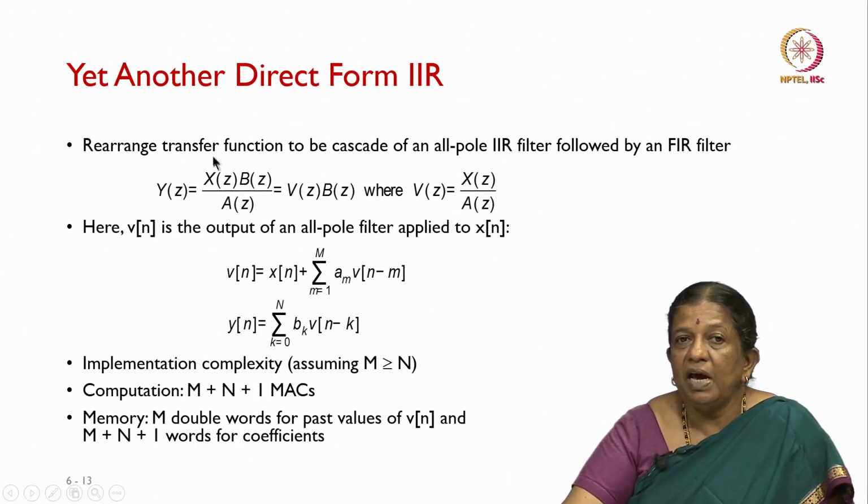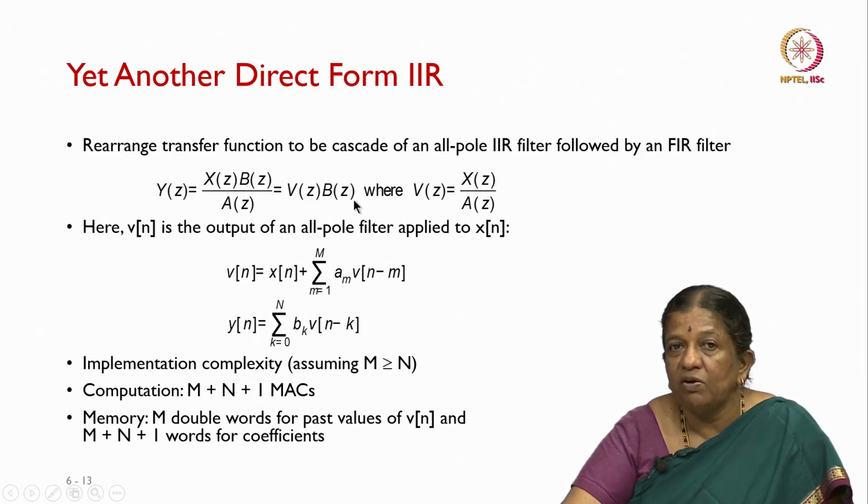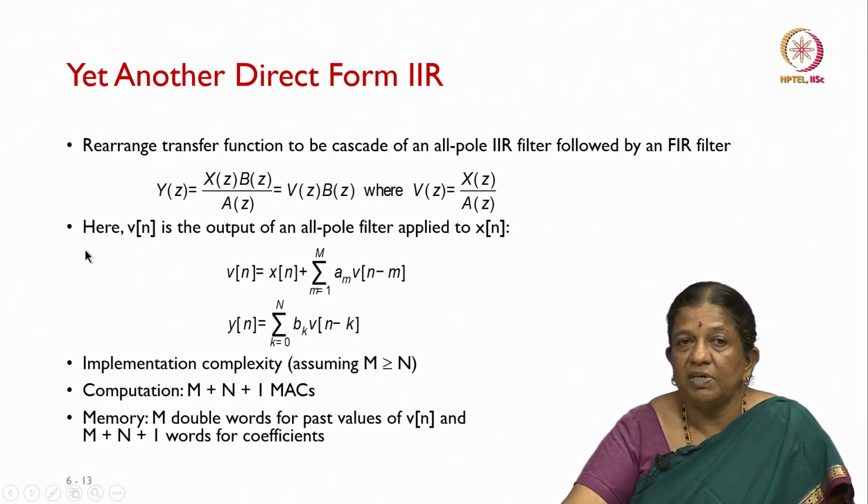We will rearrange the transfer function to be a cascade of an all pole IIR filter followed by an FIR filter. So, Y of z over X of z is B of z divided by A of z. We represent this as X of z by A of z as V of z, into B of z, where that is what V of z is given by this equation.